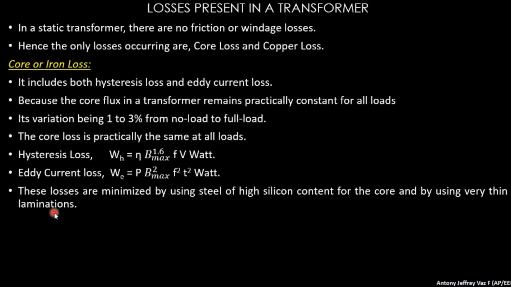Before arranging the thin laminations together, after one lamination and the next, the surface should be insulated with mica or paper or some other material to insulate the two laminations. In real time, the laminations are insulated using varnish.